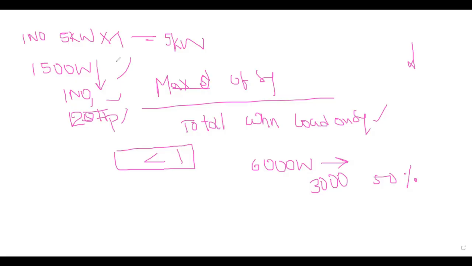And coming to the receptacles, 1500 watts. Suppose I have one 1500 watt receptacle. So 1500 into what is the demand factor for my receptacle? It again depends upon the diversity factor of the receptacle.